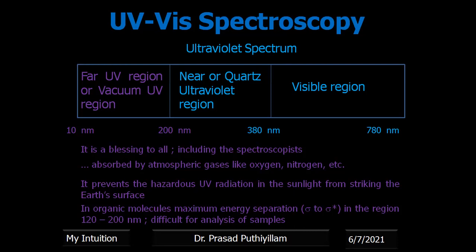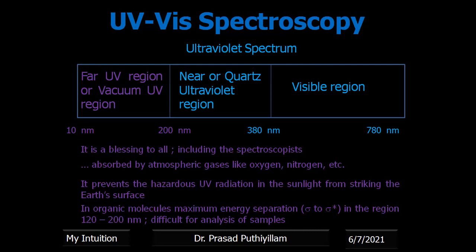That means any sample in that region will give a sigma to sigma star transition, and absorption will be there, and we may get confused, because almost all organic molecules have sigma bonds. We have to identify the pi bonds present, or the lone pair of electrons absorbing the light. That is easy for us to analyze.